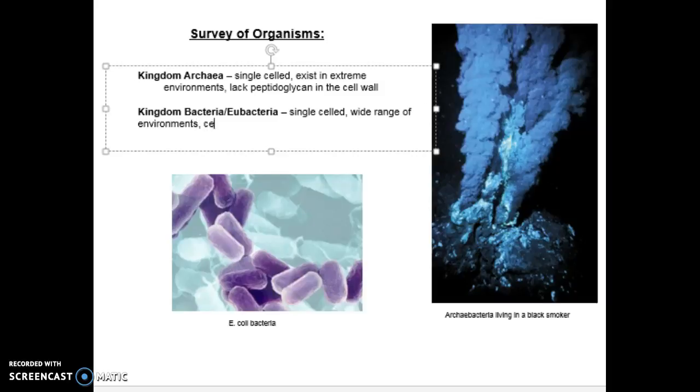They have a cell wall that contains peptidoglycan. So that's going to be a big feature for the bacteria. We'll also talk about this thing called the nucleoid region in the bacteria. It houses all of their DNA. Again, in a further lecture, we're going to talk about bacteria and archaea in a little bit more detail. I'll have additional things for you guys to look at in regards to their key traits and their key features.